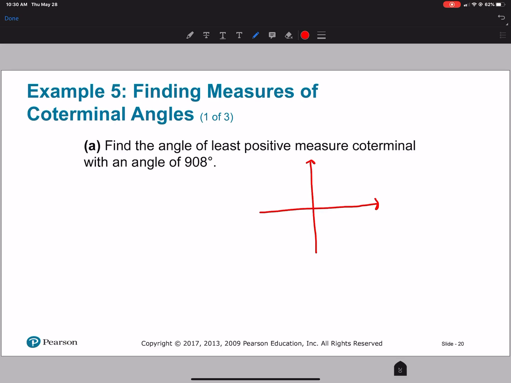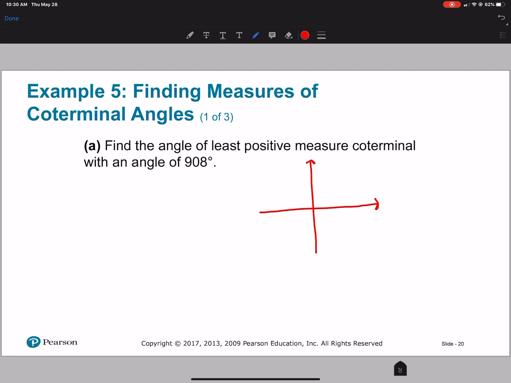So my thought is this. Now, me personally, what I usually do, I like to divide by 360. Honestly, that's what I usually do. I like to divide it by 360.